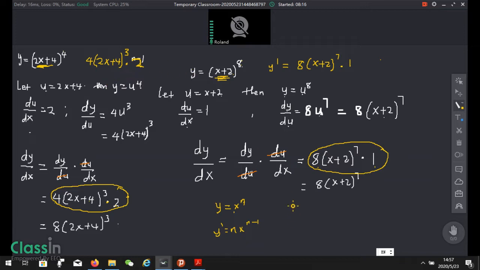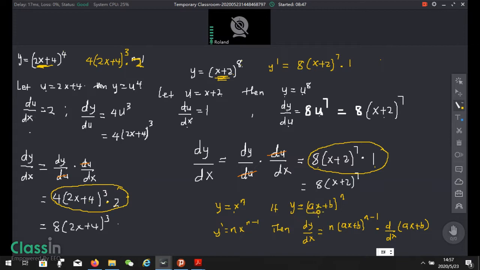So we can conclude that if we have y equals (ax plus b) to the power n, then dy/dx by the chain rule equals n (ax plus b) to the n minus 1 multiplied by the derivative of the expression in the bracket, ax plus b.